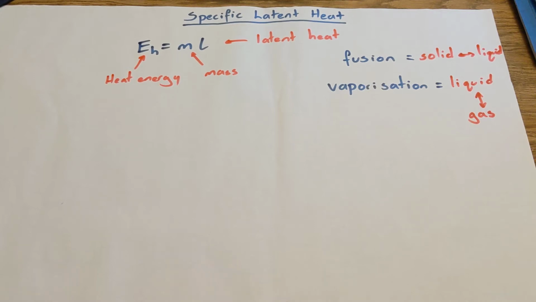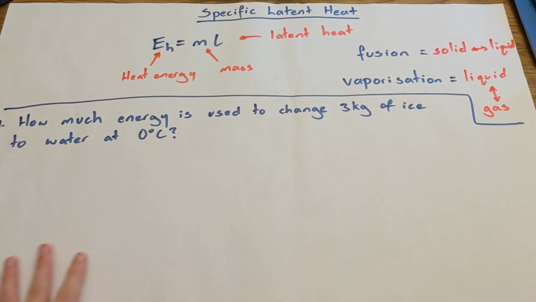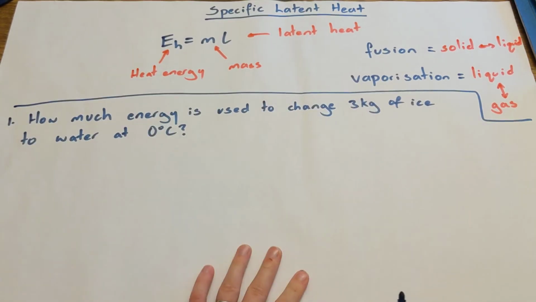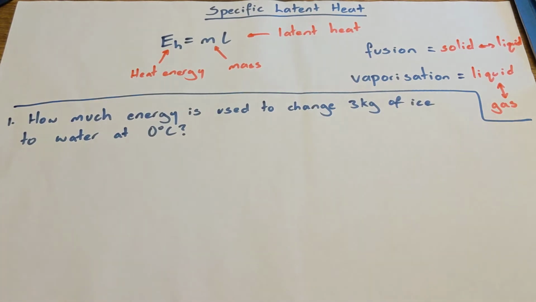So what we're going to do is, since we've done some work on this before, do a couple of worked examples, then I'll get you to try some yourself. Okay? So our first worked example. Right, so our first example is how much energy is used to change 3 kilograms of ice to water at 0 degrees Celsius.